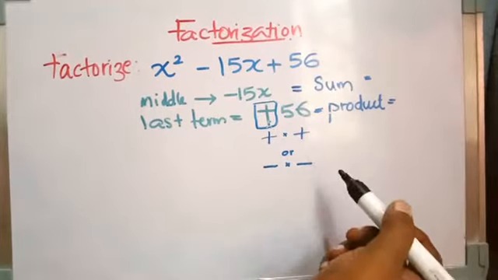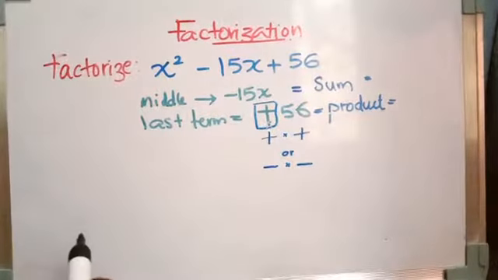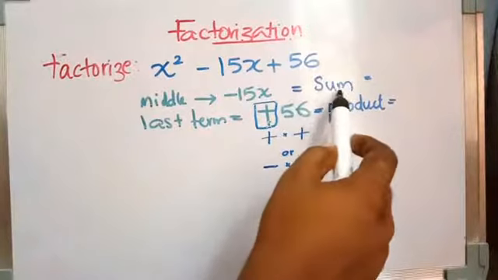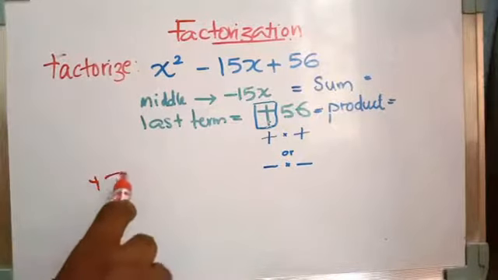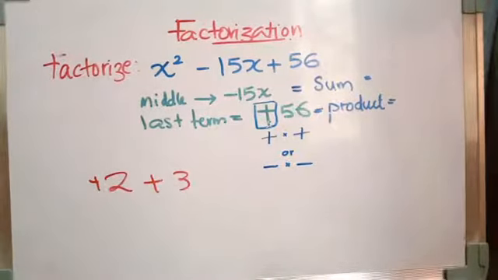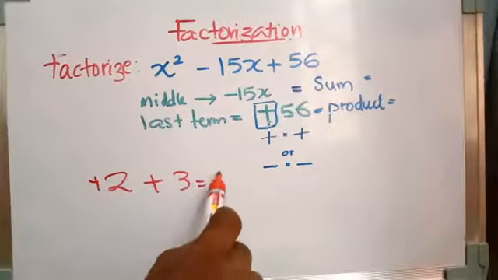And what is the rule of addition? If two numbers have the same sign, then they can be added. Like plus 2 plus 3, they can be added and we get the answer as 5.